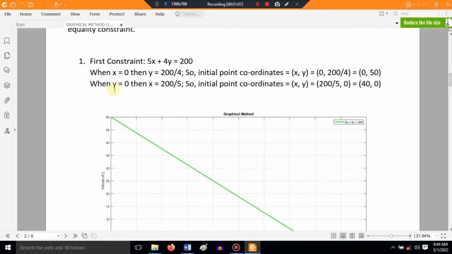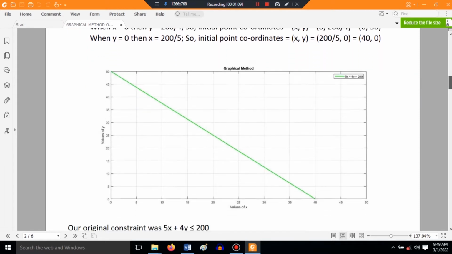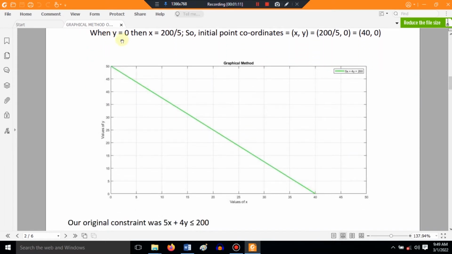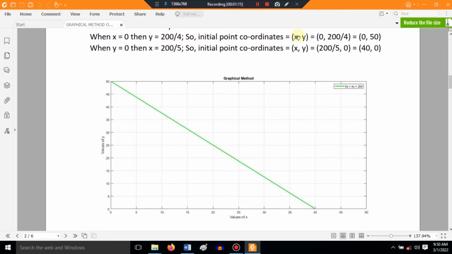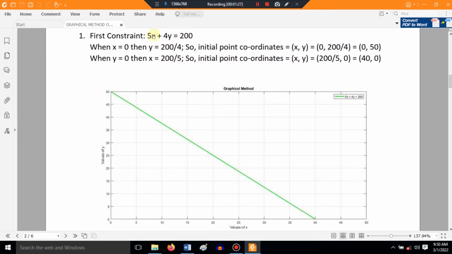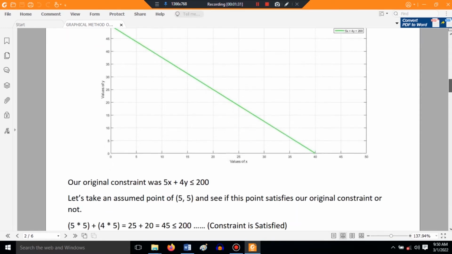After that, in order to find the final point, you put y equal to 0. That gives you the value of x. So now you have 2 points, (0, 50) and (40, 0). Between those 2 points, you can easily draw a straight line. This straight line is for the equality constraint.